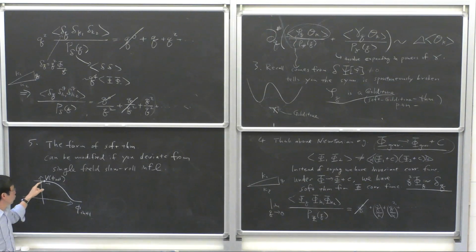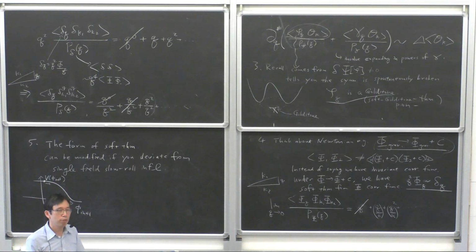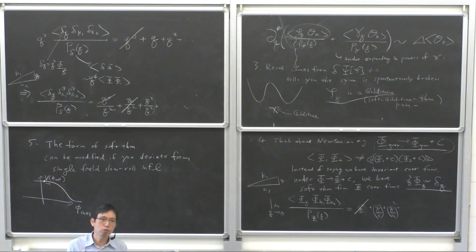We chose unitary gauge to zero out any spatial fluctuation in the inflaton, but I don't have to. In fact, physically, it might be helpful to think about the opposite. I'm going to imagine I use a gauge where zeta is 0. So all the interesting fluctuation actually lives in the inflaton now.